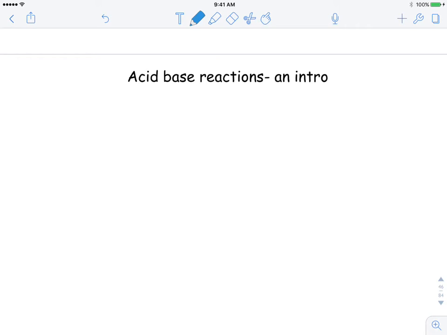Now let's talk a little bit about acids and bases and how they react. There are different definitions for acids and bases. The two main ones that you really need to know are the Arrhenius and the Bronsted-Lowry.